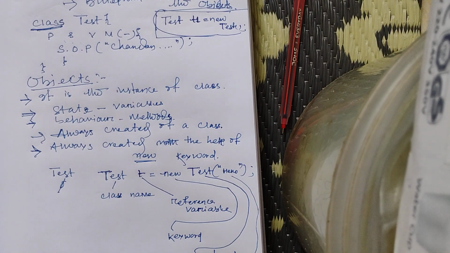State means variables, behavior means methods. Object is always created of a class, and always with the help of the new keyword. Okay, in the next class we'll be discussing variables and data types.